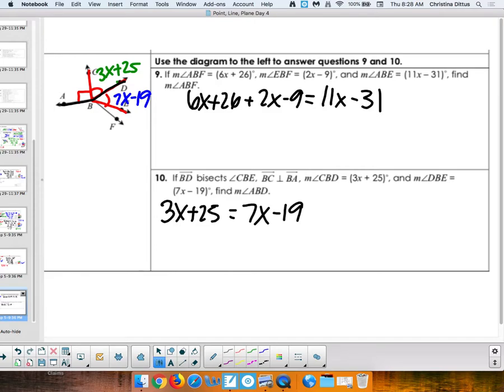It's like a multi-step thing. How much x? 4x. Then what? Add 19. That gives me 44. How much is x? 11.